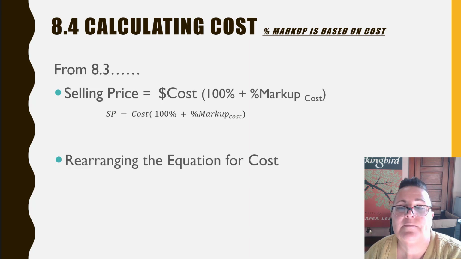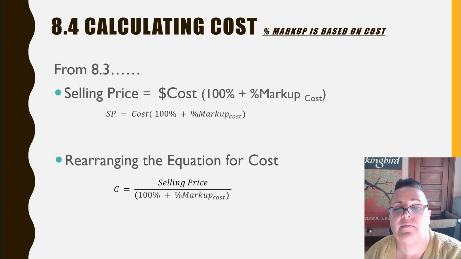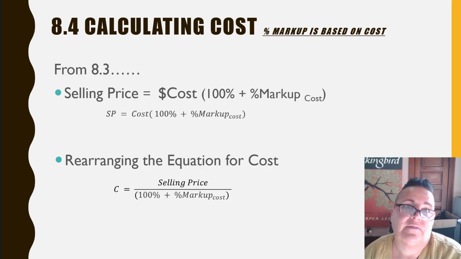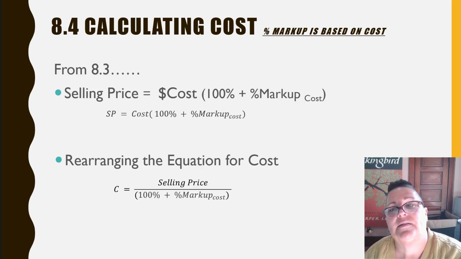We can simply rearrange this equation for the cost by dividing both sides by the parentheses. That will put the selling price over 100 plus the percent markup based on cost. So our cost is equal to the selling price divided by 100 plus the percent markup based on cost. And this gives us a new formula.